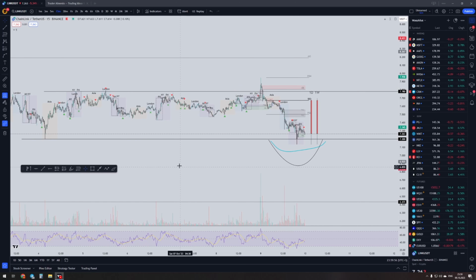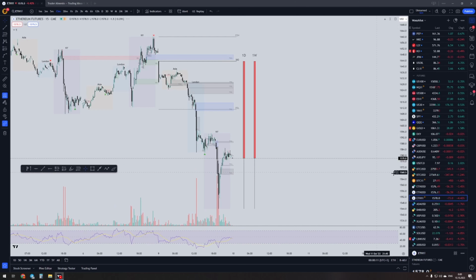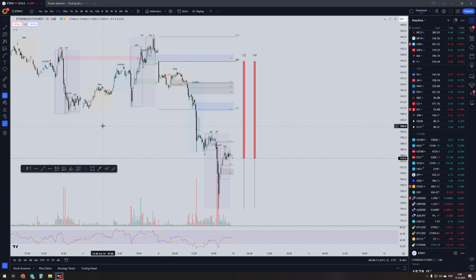You can also set hotkey binds to jump between charts. For example, you can just press space and keep jumping. You can also have templates. I'm just lazy to do so, but you can do this.